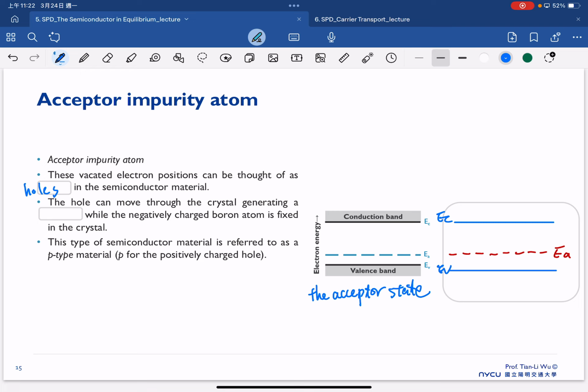And the hole can move through the crystal, generating the current. So the holes will jump to the valence band.